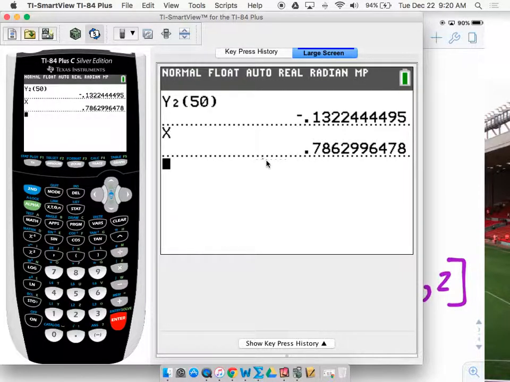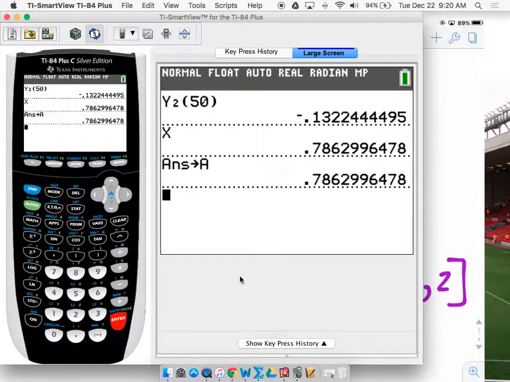We're going to store that as capital A. So you're going to hit the store button, STO, which is right above the on button, green button, then the math button for the letter A, and then hit Enter.